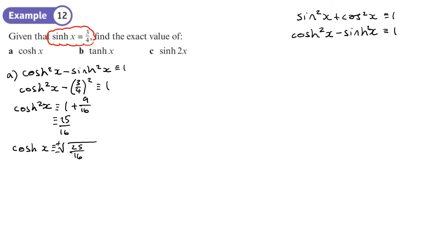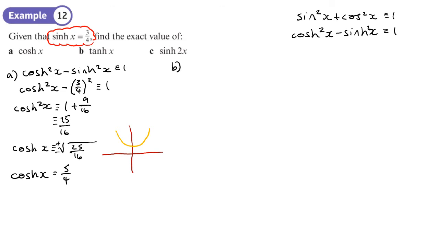It's like a U-shape thing, so it's like this, isn't it? Okay, so cosh can never be negative, so that means we just take the positive square root. So cosh x is going to equal the positive square root of 25/16, which is 5/4. Right, part B.